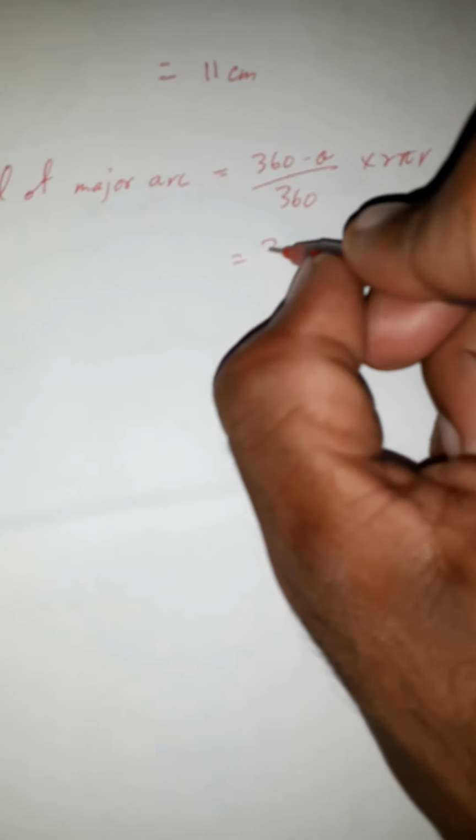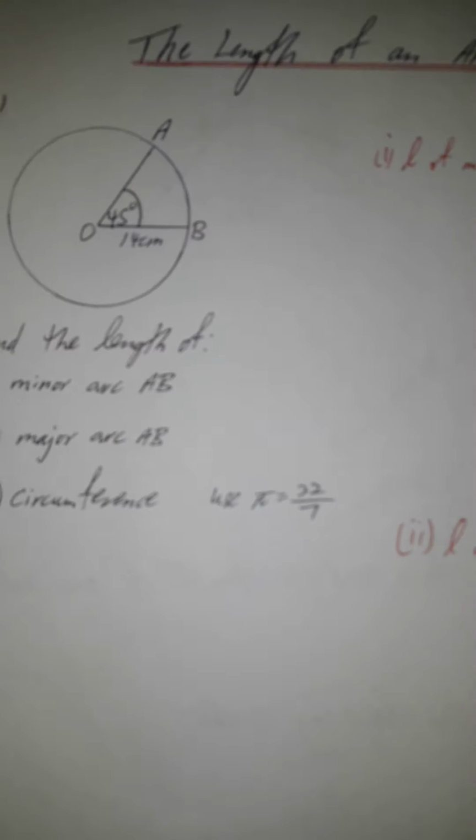Theta in this question is 45, so it's 360 minus 45 over 360 times 2 times 22 over 7 times r, which is 14. Cancel here. So we have 360 minus 45. That will give us 315 over 360.